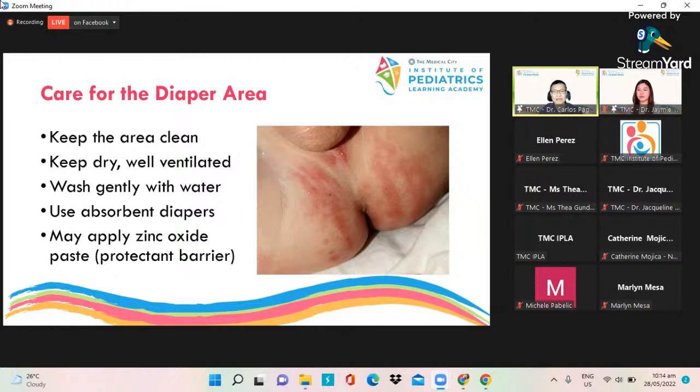That also sometimes is a big factor kung bakit pabalik-balik ang diaper rash. Okay. Yun pala nangyayari, sir, sa diaper rash. Tsaka yun pala yung tama nga, yung wax ay parang zinc oxide or yung protective barrier nga para hindi na nababasa. Correct. So, sir, aside from diaper rash, ano pa po ba yung mga ibang rashes ng mga bata?